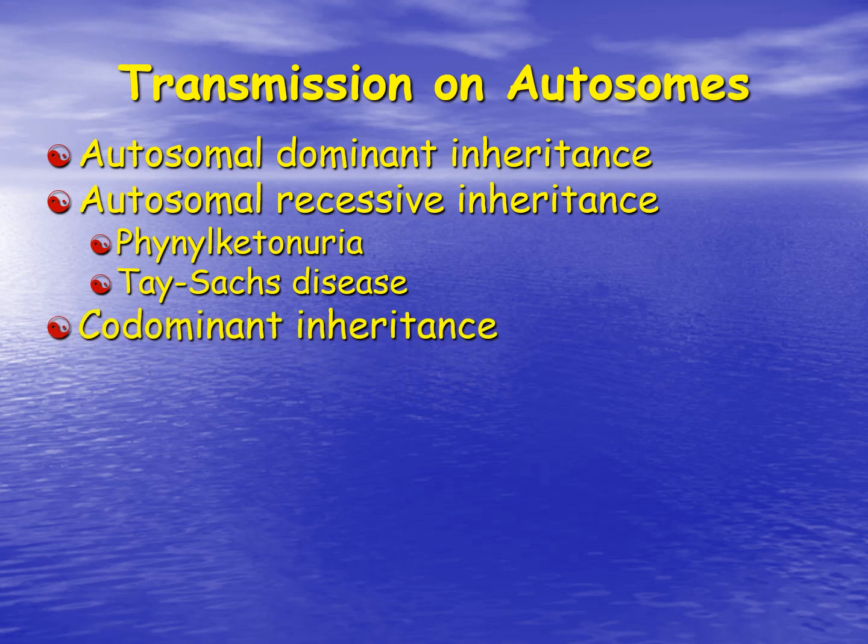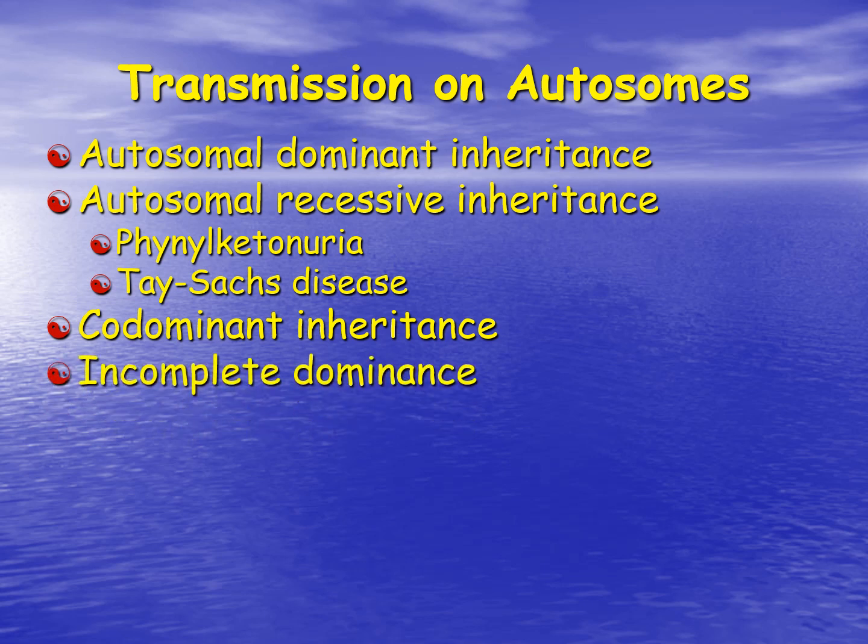Codominant inheritance is when both alleles are expressed in the genotype, and each allele is expressed individually. A good example of this is someone that has type AB blood. They have a gene for the A protein and a gene for the B protein on their pair, and so what they're going to see is both the A expressed and the B expressed.